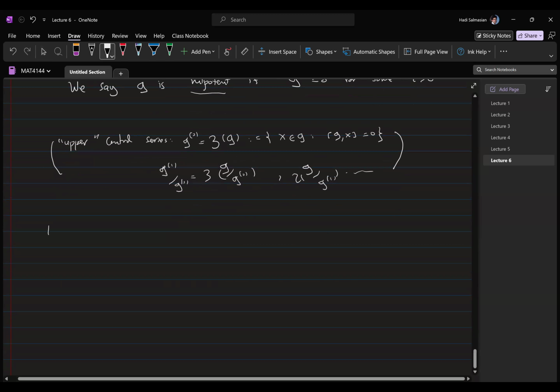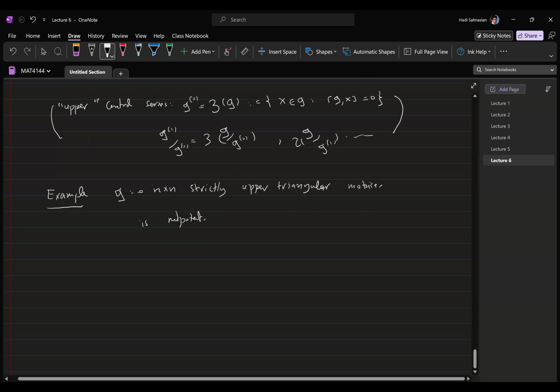Now, let's do some examples of nilpotent Lie algebras. The strictly upper triangular matrices form a nilpotent Lie algebra. That's because each time you take the commutator of some strictly upper triangular matrix and something in the previous ideal, the level of triangulation goes up.